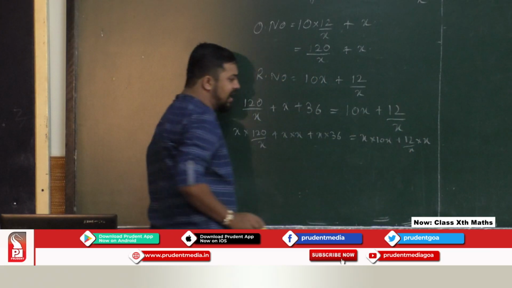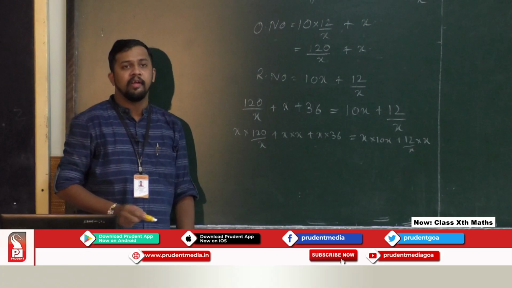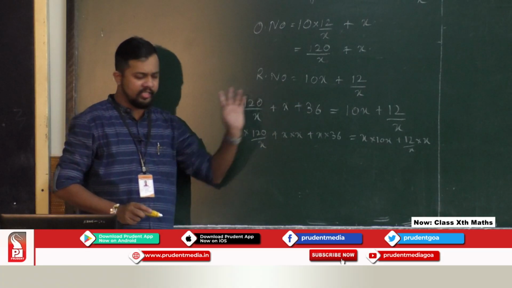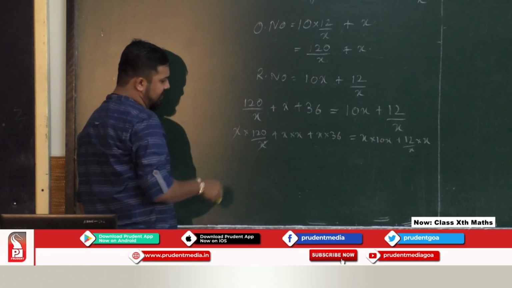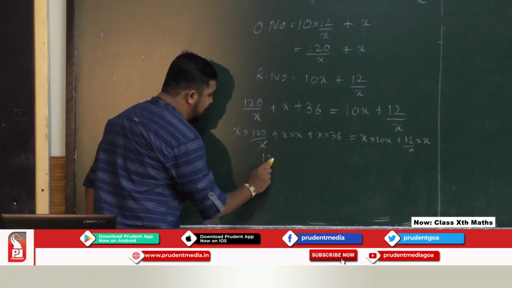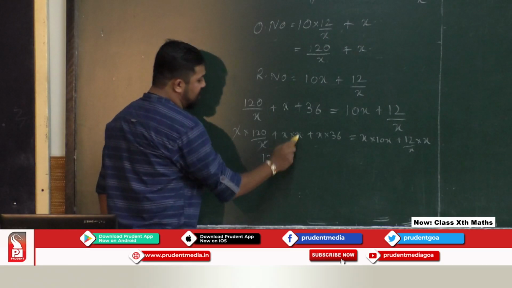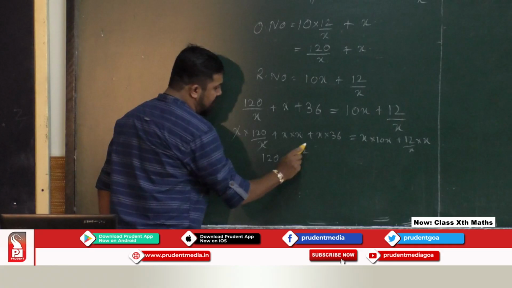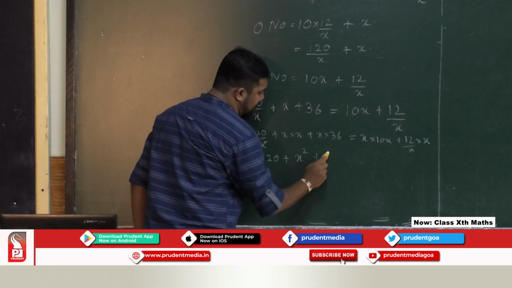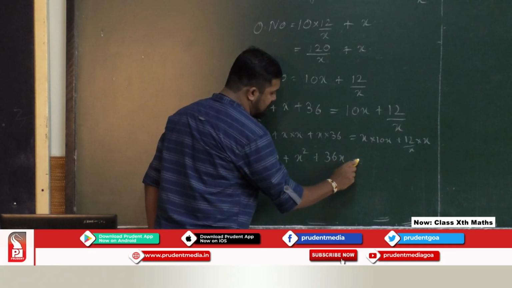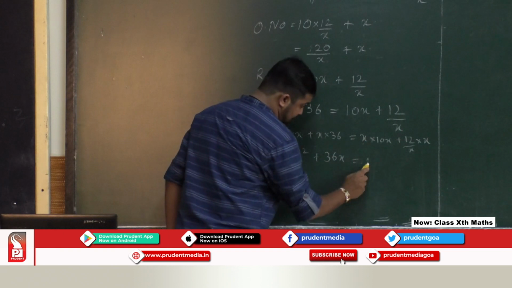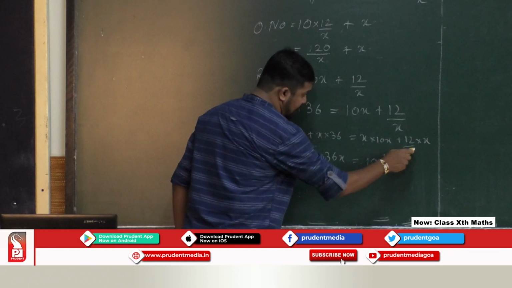I have multiplied throughout the equation by x in order to remove that denominator x. The x cancels. So what remains is 120 plus x into x, x square, plus x into 36, 36x, x into 10x, 10x square, again x into 12.